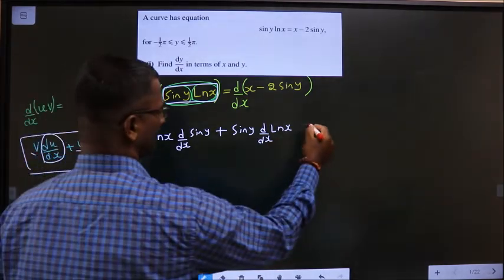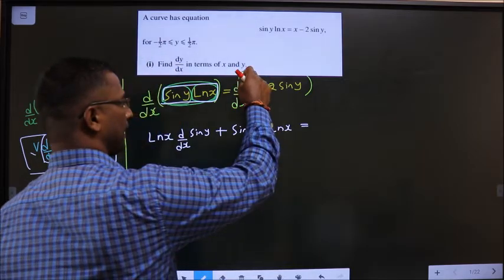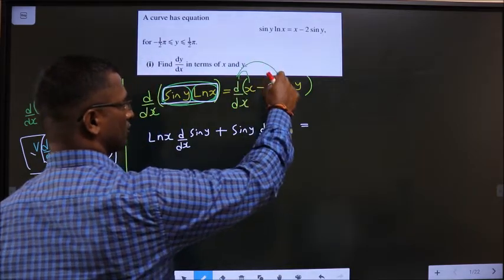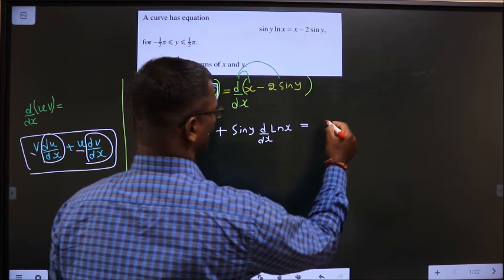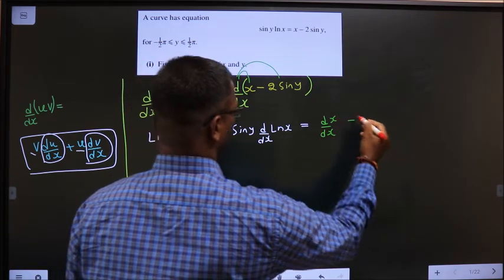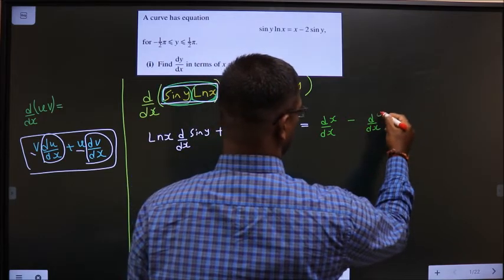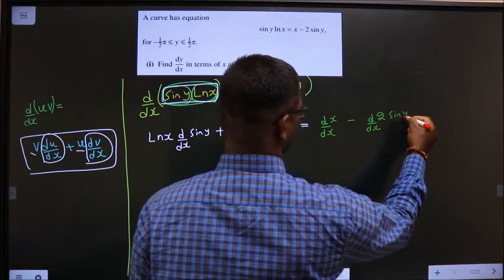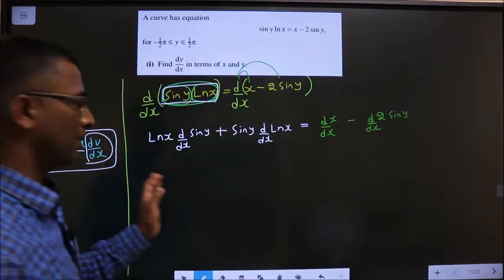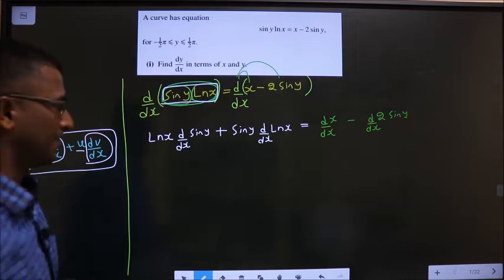Next, on this side, take d by dx onto this one and also onto this one. So what do I get? d by dx of x minus d by dx of 2 sin y. Clear so far, right? Now let us differentiate.